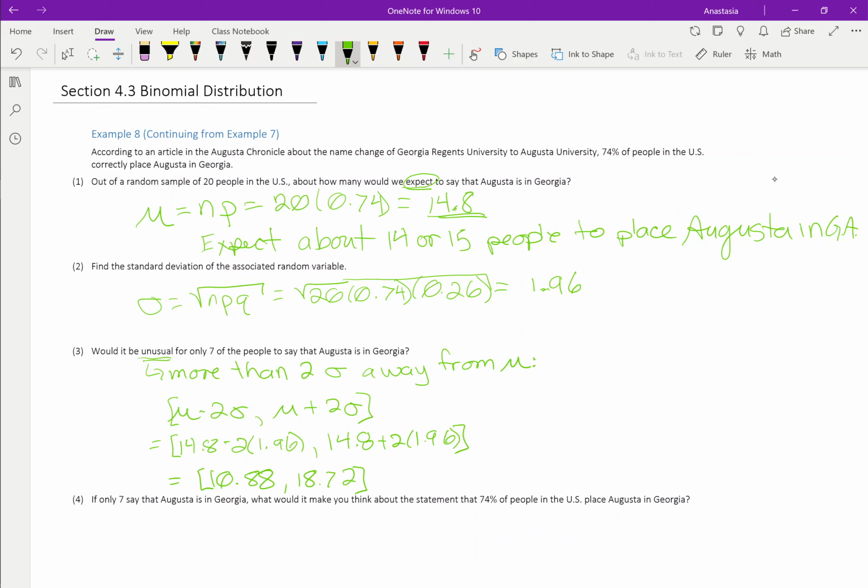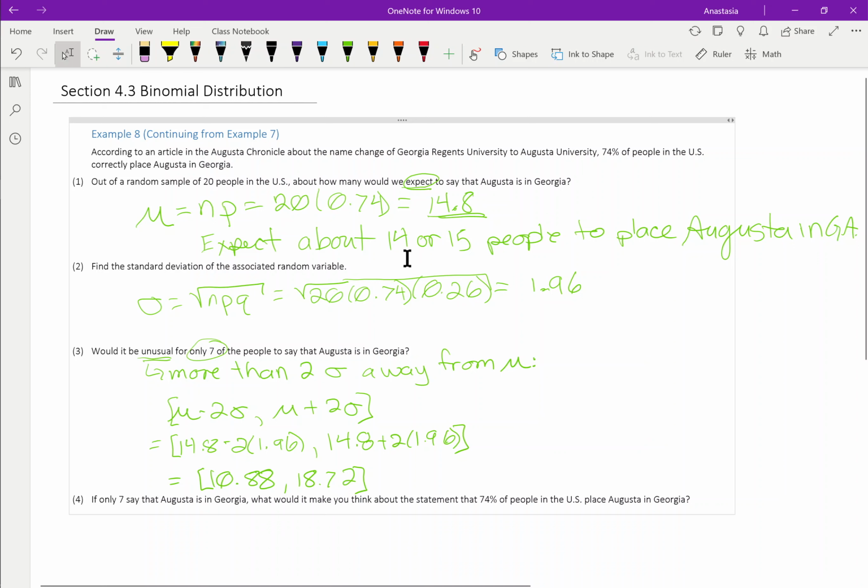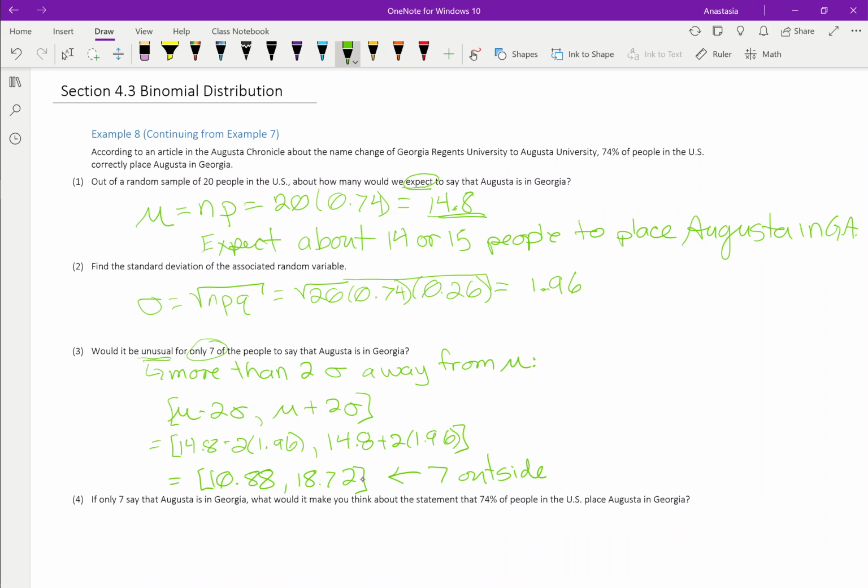Now notice we are asked if only 7 people say that Augusta is in Georgia. Well, we would expect about 14 or 15 people to place Augusta in Georgia, and 2 standard deviations away from that expectation gives us the interval from 10.88 to 18.72. And notice that 7 is outside this interval.